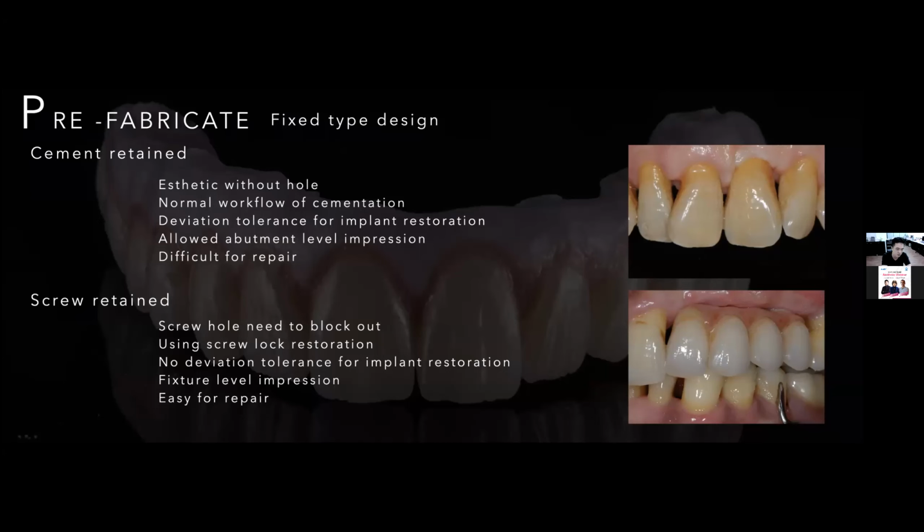So if we want to create a screw retain, we always need to try the abutment or try the position. But the screw retain has a good advantage: it is easy to repair, because we just remove it from the patient's mouth, we just loosen the screw. So everything is easier, but the workflow is more difficult than the cement type.